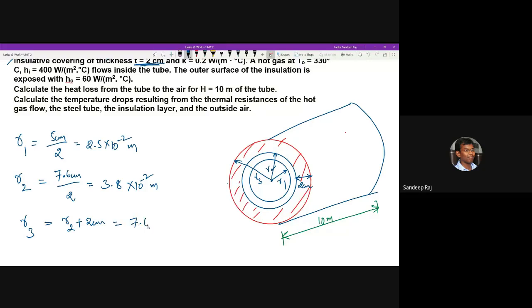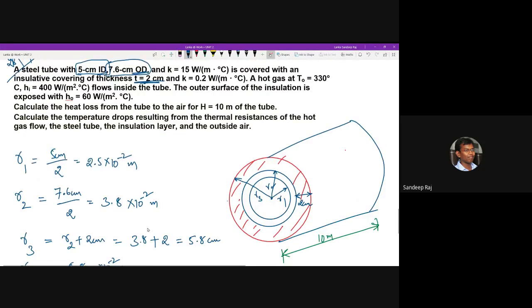It is 3.8. R2 plus 2 will give you 5.8 centimeters. So the R3 value is 5.8 into 10 to the power of minus 2 meters. So you are done with the radius.